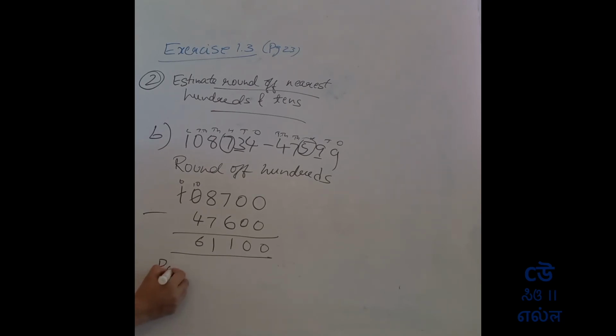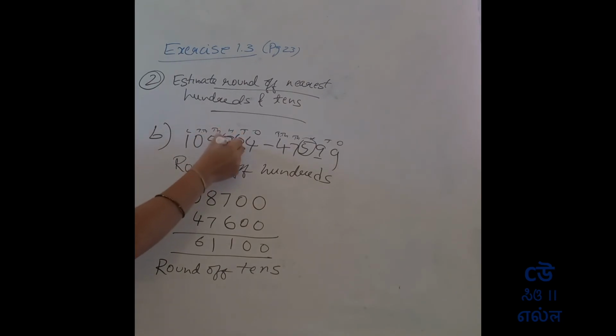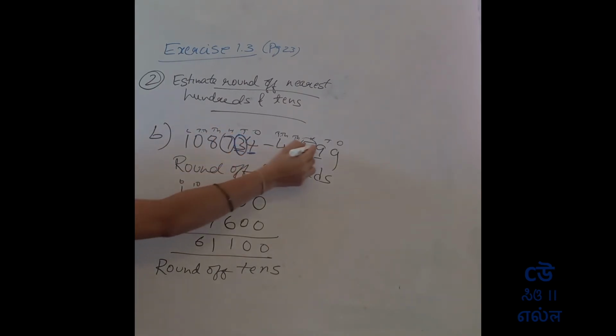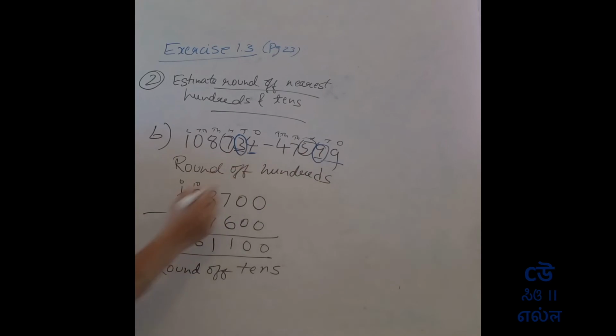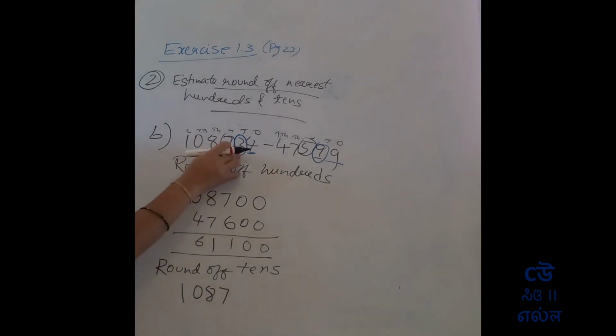This is the answer for round off for 100. Let us round off for tens. Okay. So I'll round off the tens place in blue marker. So circle left side numbers will be same, 1087. So 3, next we have 4. 4 is less than 5, so 3 will remain as it is.